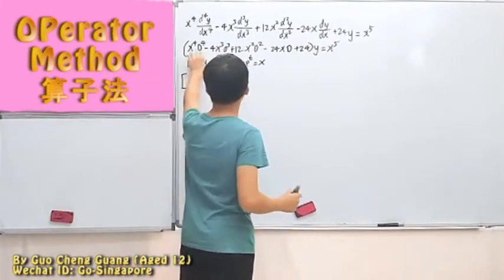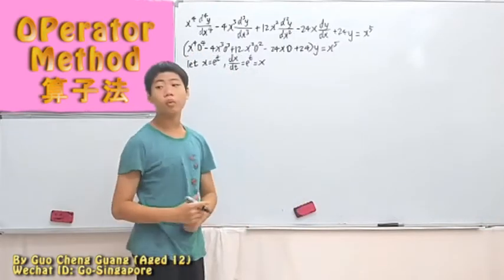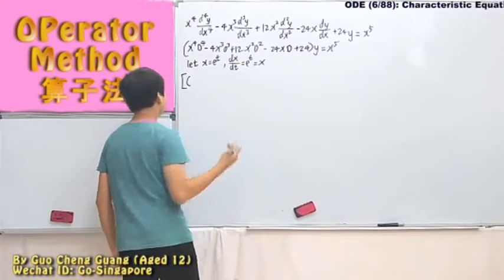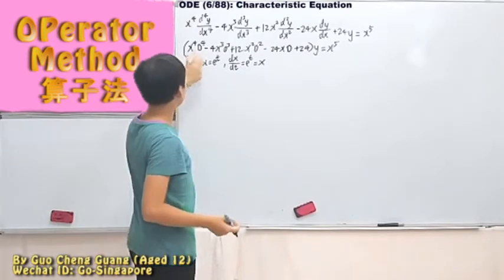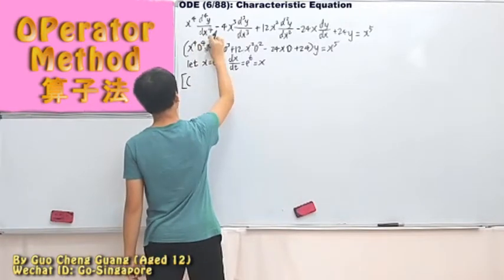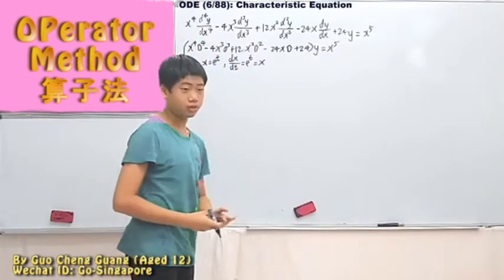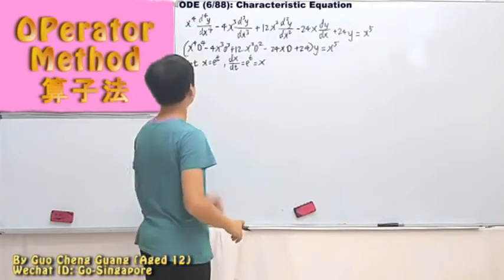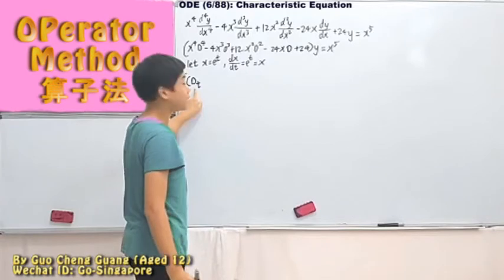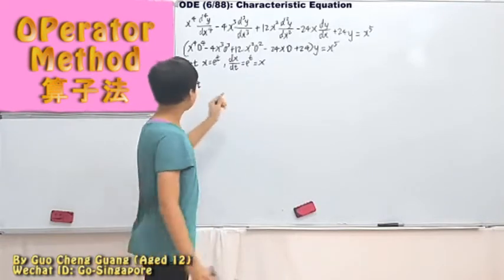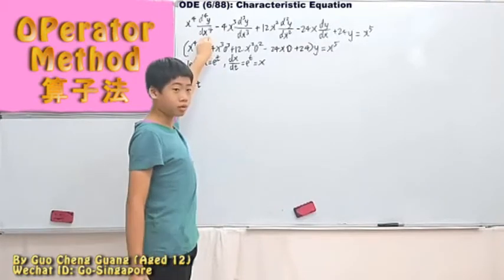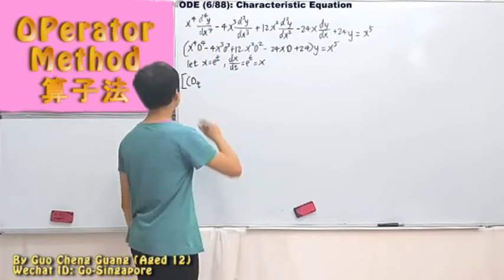Then the next part, we use what we have already shown. For this part, x to the power of 4 times d to the 4 was actually the fourth derivative. What we'll need is d/dt, so below it's not x anymore, it will be t.